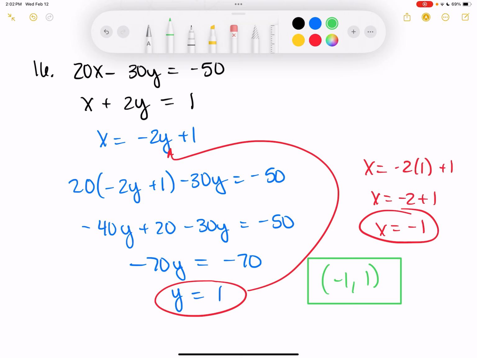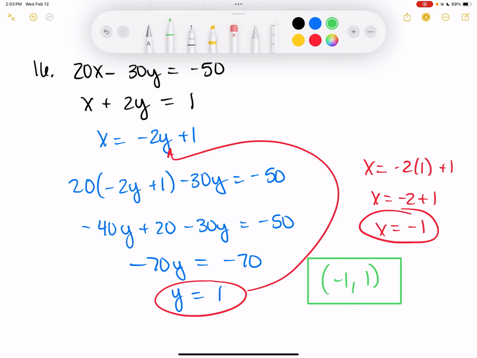Wait, so why did we move the negative 2y plus 1 to 20 instead of negative 30y? Because this is x. If you plugged it in for y, you still have two variables. You have to get it to one variable.